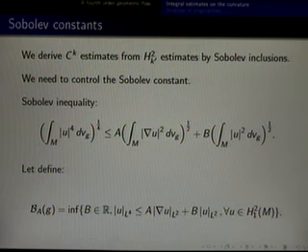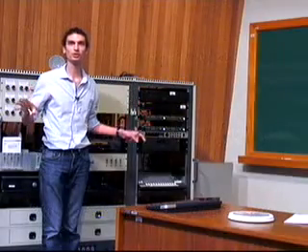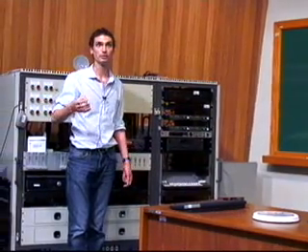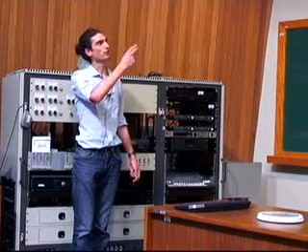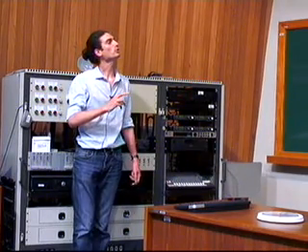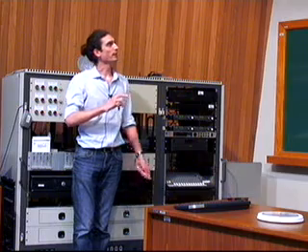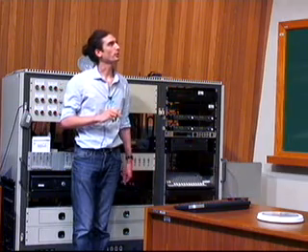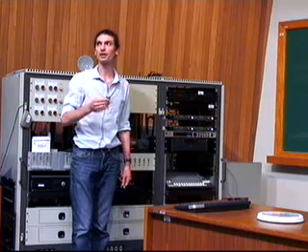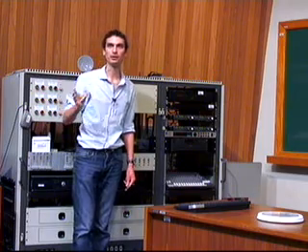So the constant B_A of g is the best B such that this inequality holds for the A. This is for compact manifolds. For complete manifolds, you have to assume some geometric restriction on your metric so that such an inequality will hold. So we define this constant, and if the set here is empty, you just say that the Sobolev constant is infinite.